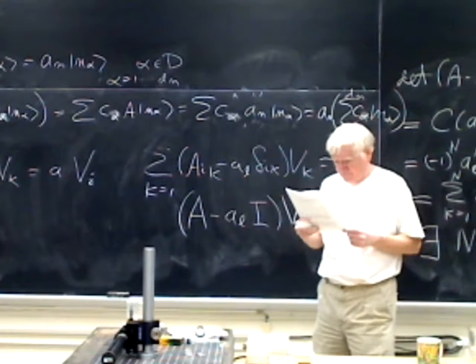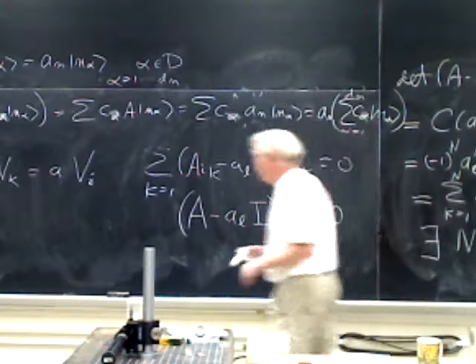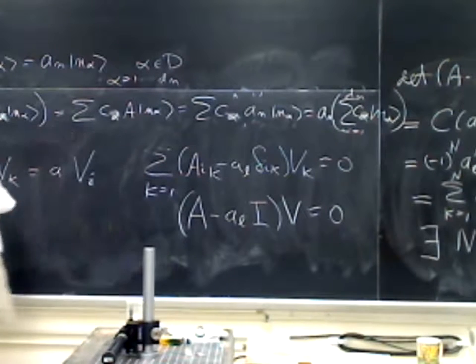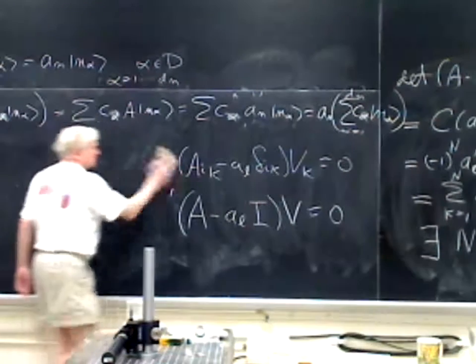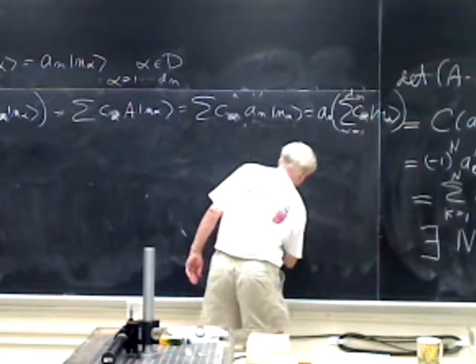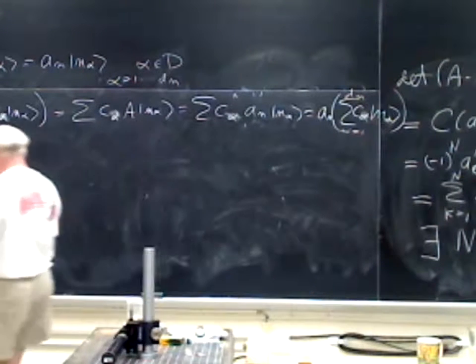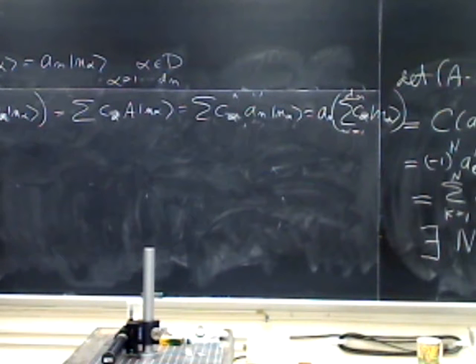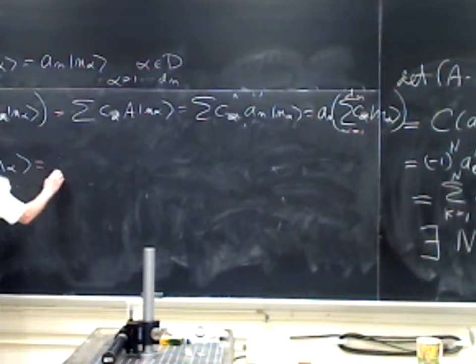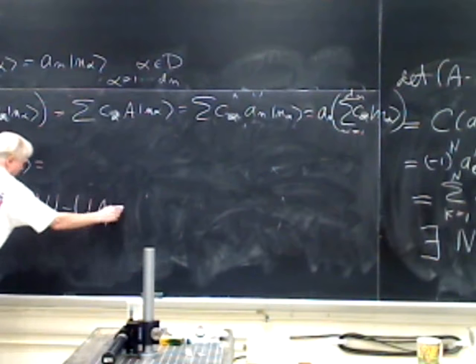And so let's just notice that if U is any unitary operator acting on this n-dimensional vector space, and I also want to say that A and U commute, which is AU minus UA equals 0.